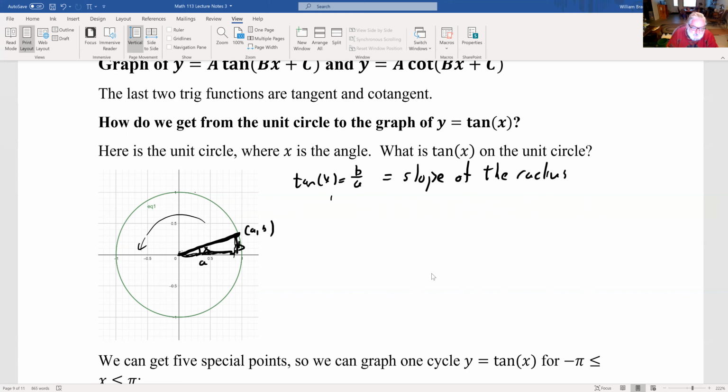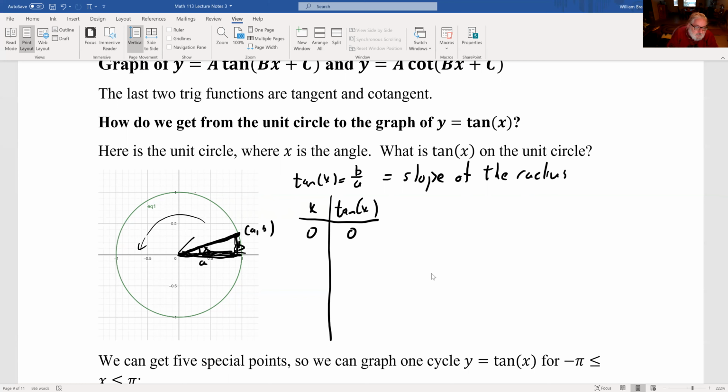So x, tangent of x. With 0, that means we're right here, and our y is 0. It's a horizontal line, so it's got slope 0.